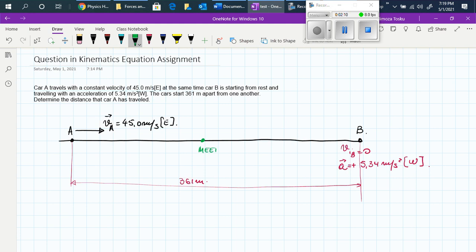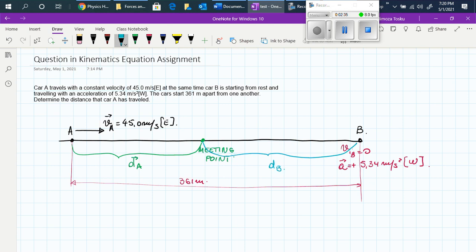This is the meeting point. During the time that car A is traveling, it travels a distance dA, and during the time that car B is traveling before they meet, it travels dB.